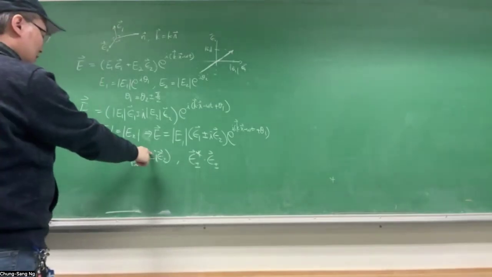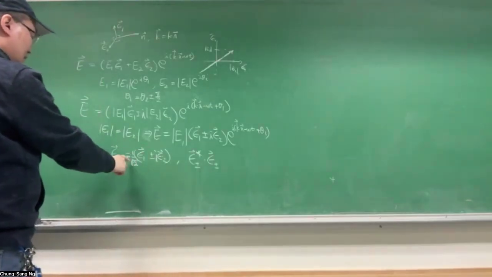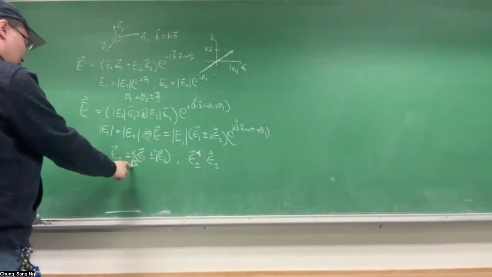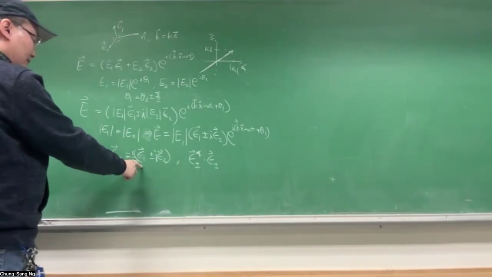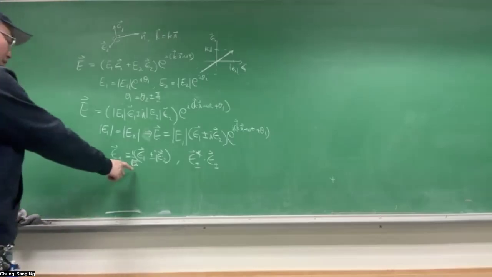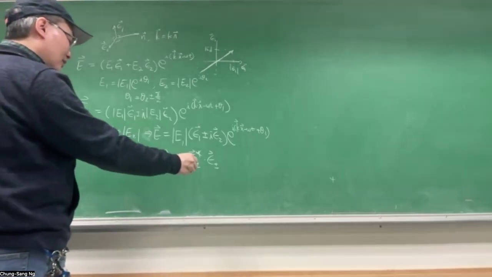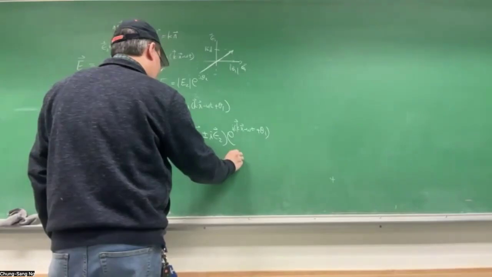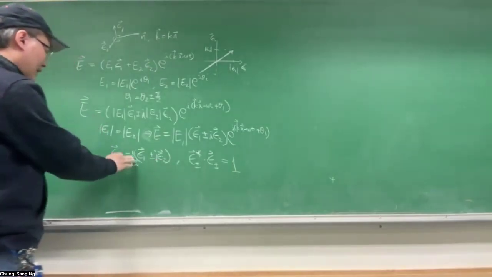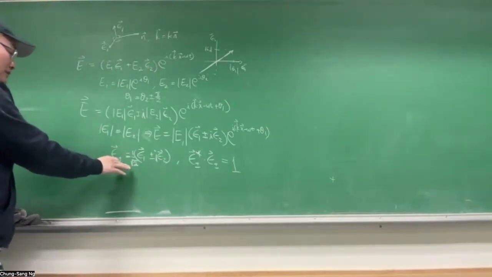So you have 2 in the numerator, and because you have two factors of square root of 2, you have 2 in the denominator, so altogether it is 1. Check that right away. Okay, so that's why we normalize with this square root of 2 factor here.